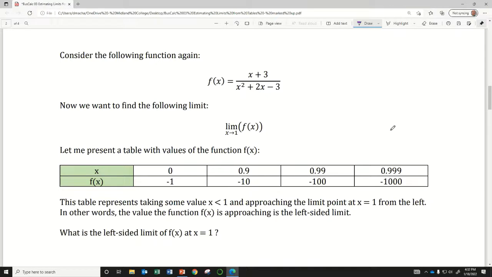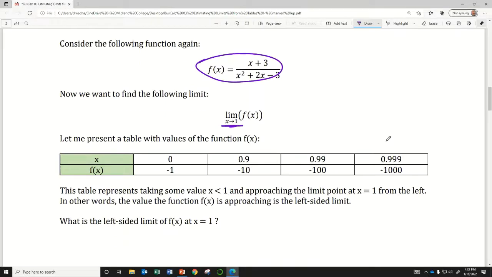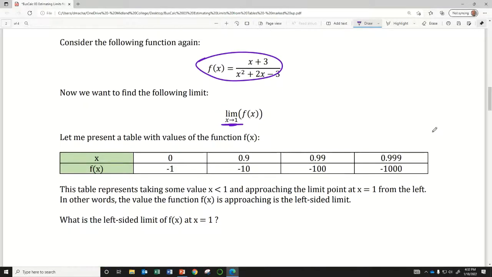Now we want to look at the following function again. It's actually the same function as before, so that should look familiar to you. But this time we want to find the limit as x approaches 1. To do this, we're going to look at this little table right here. In the input values, I'm going from 0 and approaching 1.